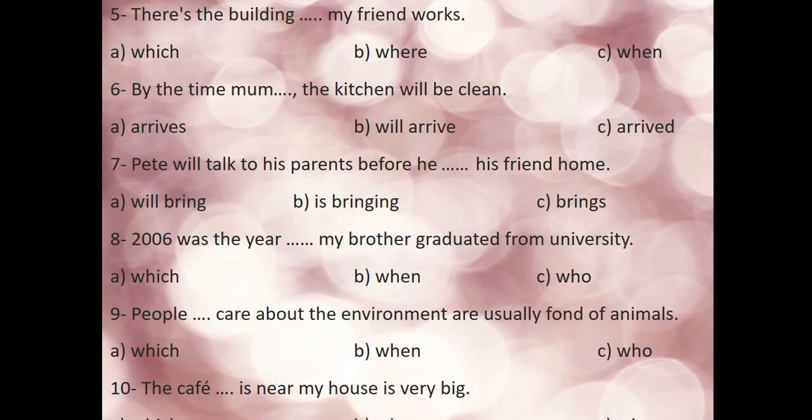Fond of means love. So simply it will be who. Number 10: the cafe which is near my house is very big. The cafe is big, so I would use which here.